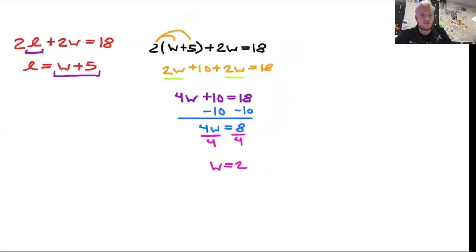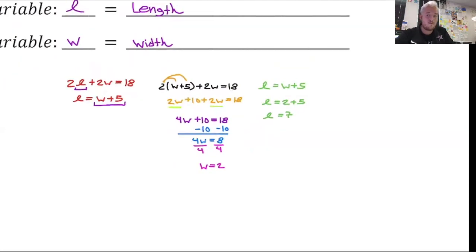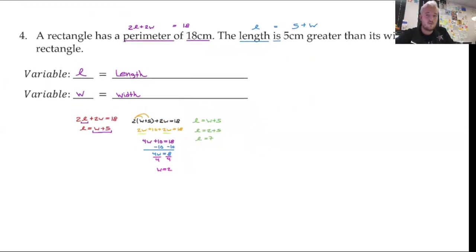So now I also want to find the length. So the length, I'm going to use my length equation, which is W plus 5. So we just said the width is 2. So the length is 2 plus 5, which means my length here is going to be 7. Now keep in mind, remember, we don't want just the dimensions of the rectangle.